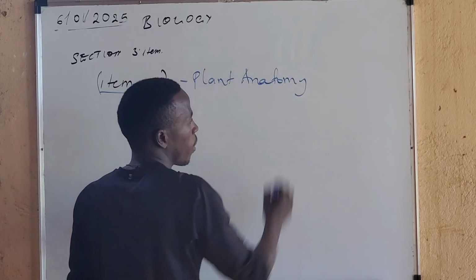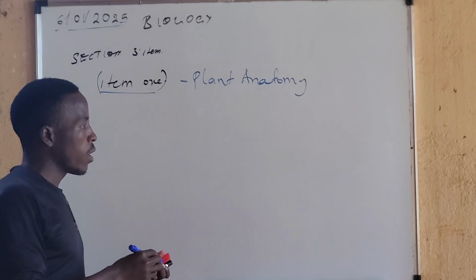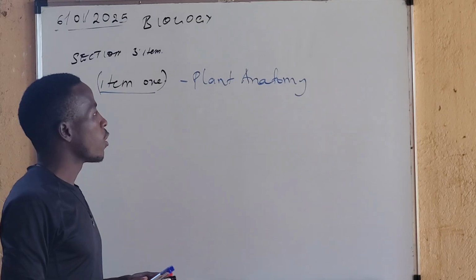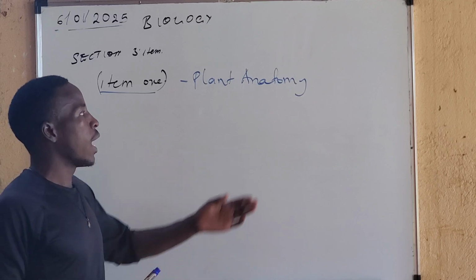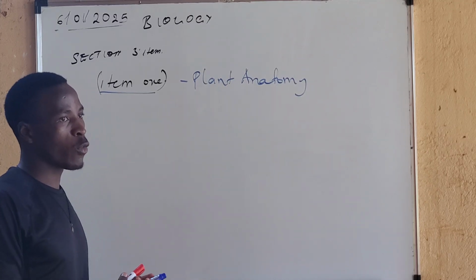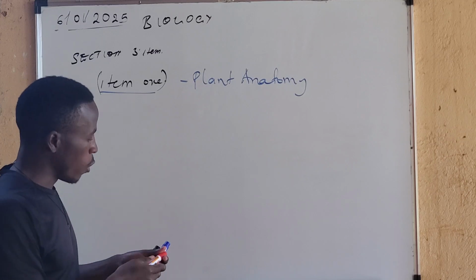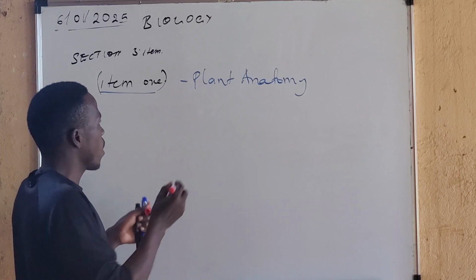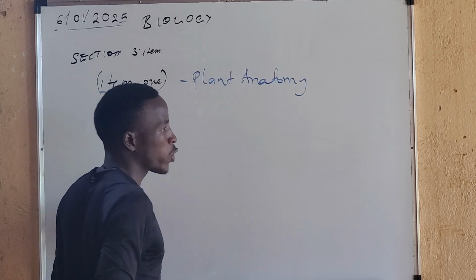Under plant anatomy, those who studied senior well remember that anatomy is a branch of biology talking about the structures of organisms. Therefore, here we shall only look at plant structures.